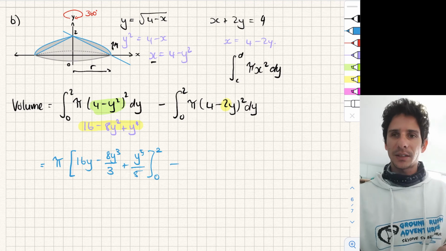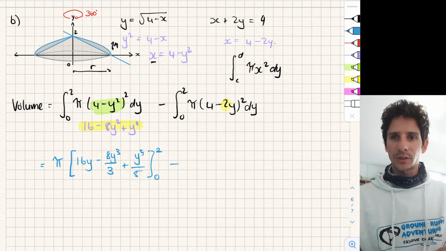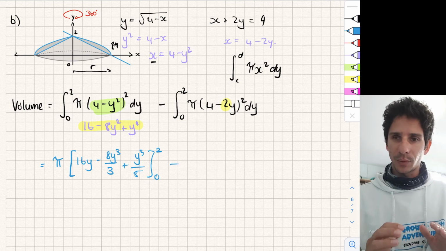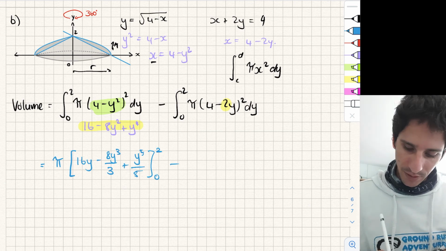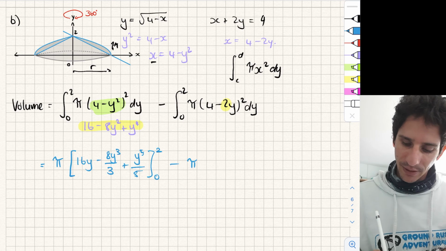That's the volume of the solid underneath the curve. Now we want to take away the volume of the cone. So let's take out pi again.